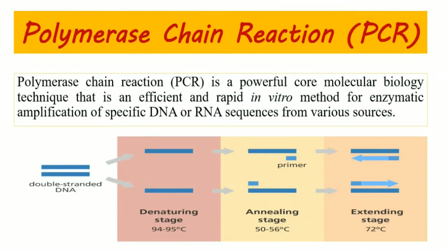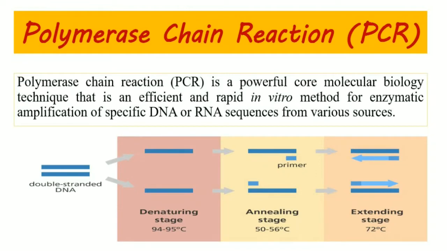So annealing occurs at 50 to 56 degrees centigrade, and next is the extending stage that occurs at 72 degrees centigrade, and this is basically the extension of the DNA strand, or the addition of nucleotides to the primers, that results in the extension of the DNA strand.